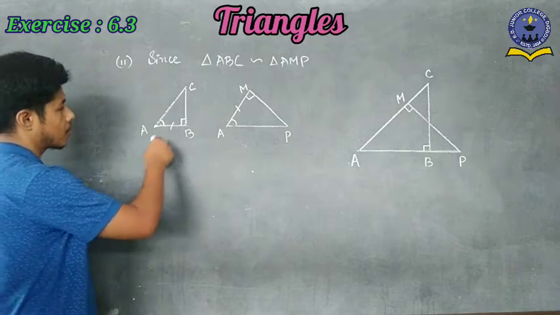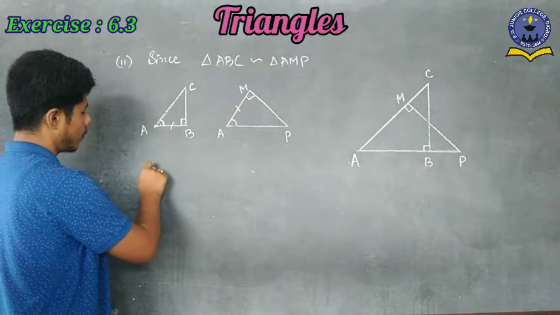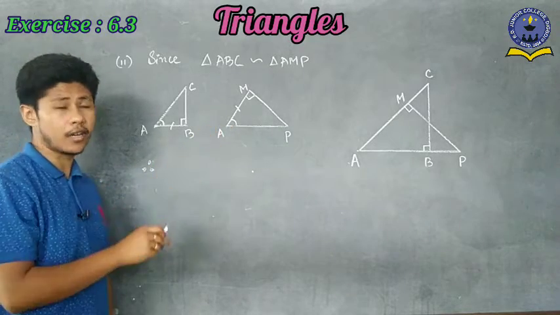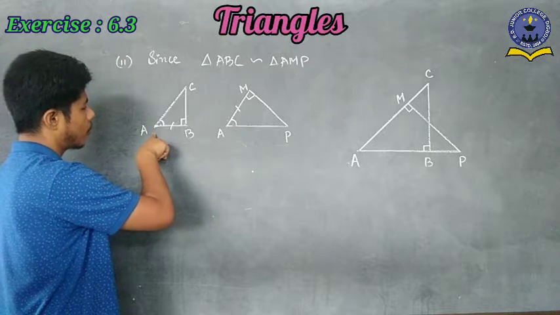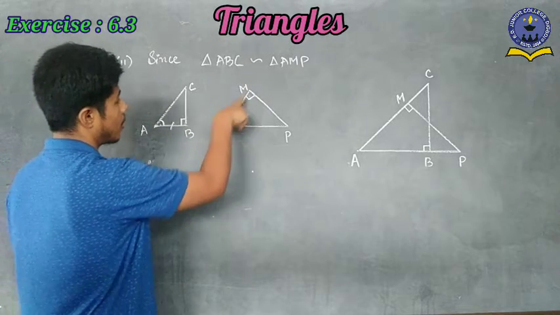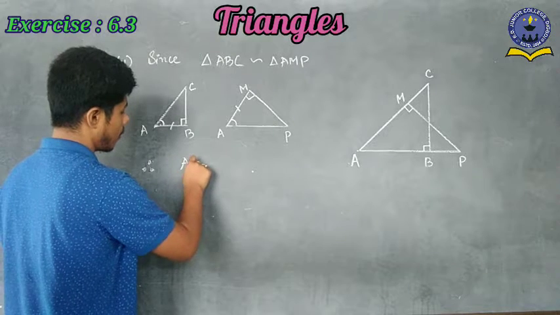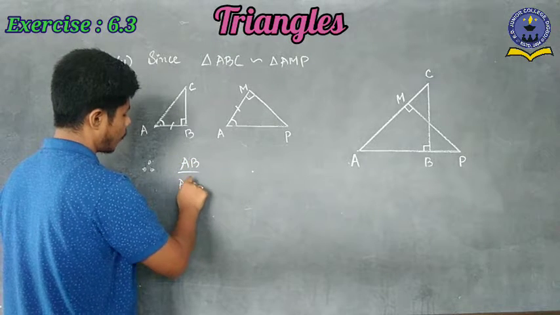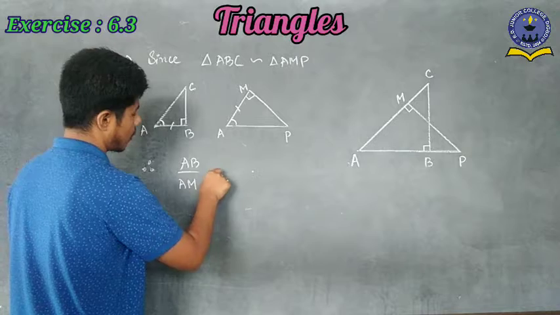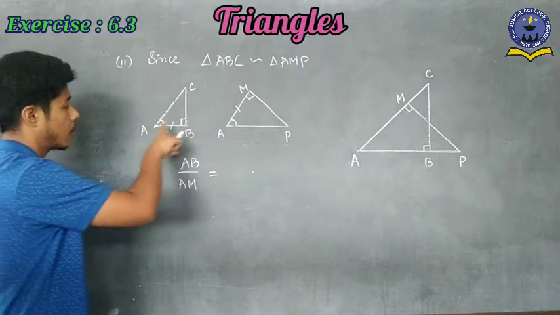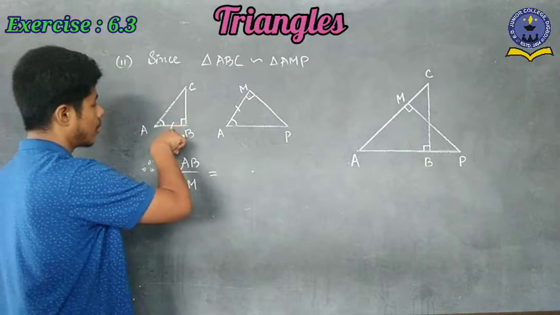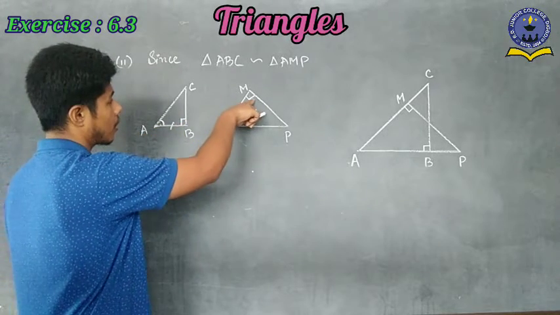So in this case, the ratio of their corresponding sides are equal. The first one we have to write is AB divided by AM, equal to. Is it clear why it is AB to AM? Because of the common angle and the 90 degree angle, the included side.